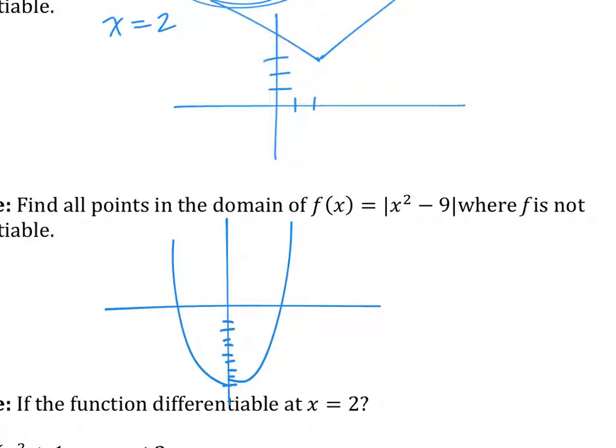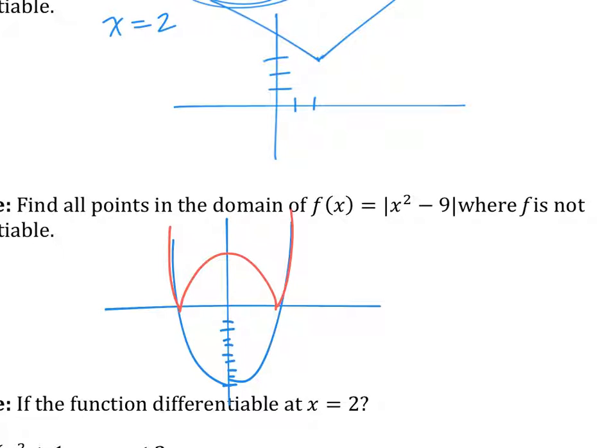Now, when you put an absolute value on it, absolute value means make everything positive. So basically you're flipping the part that is negative up. Absolute value says take all the y values and make them positive, so it's going to flip them up. Now think to yourself, which points are not differentiable?